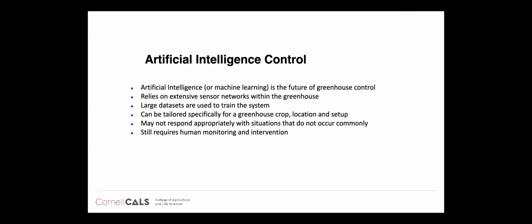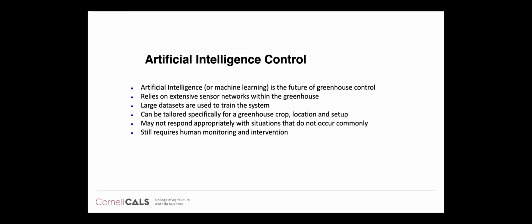So I haven't worked a whole lot directly with this, but I think the next big thing in terms of lighting is going to be artificial intelligent control of the lighting systems. They do rely on a lot of extensive data and sensor networks within the greenhouse.